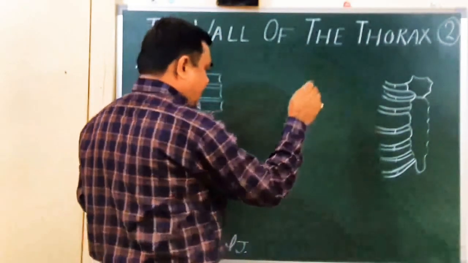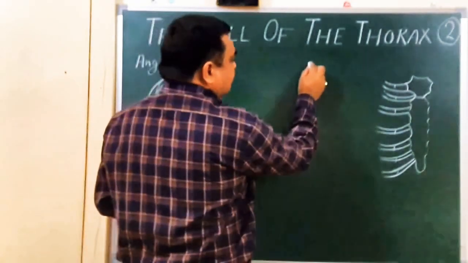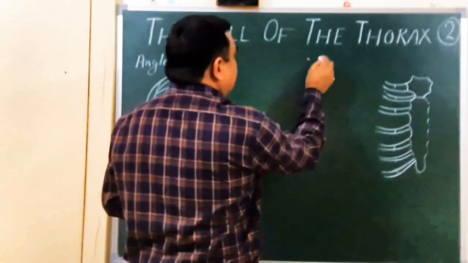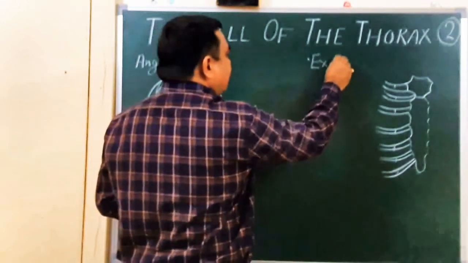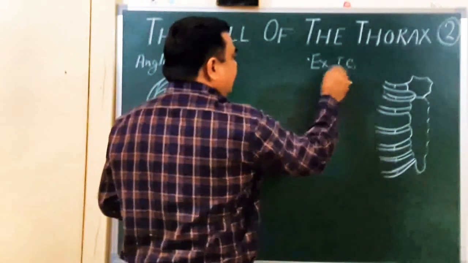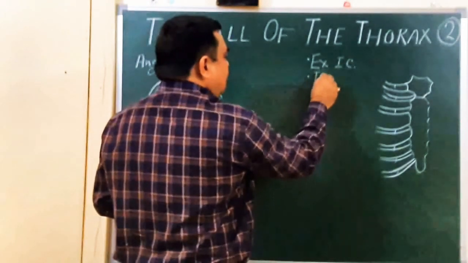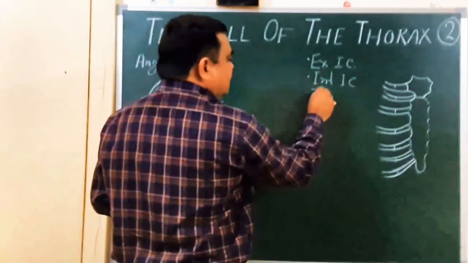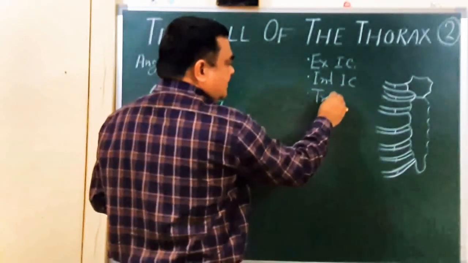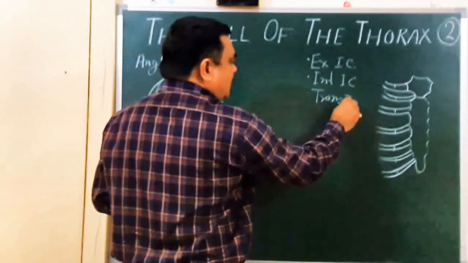These are external intercostal, internal intercostal and transverse thoracis.